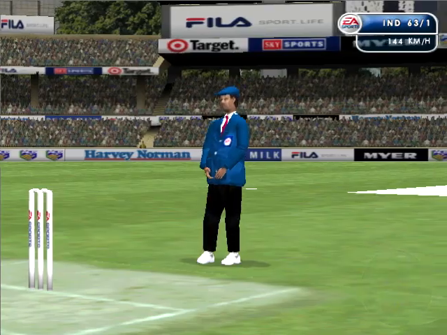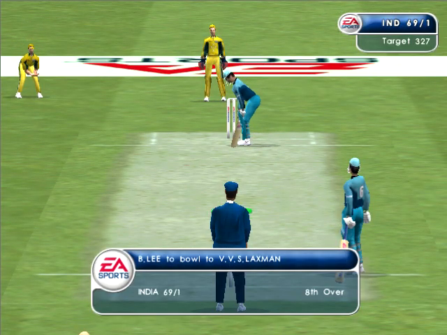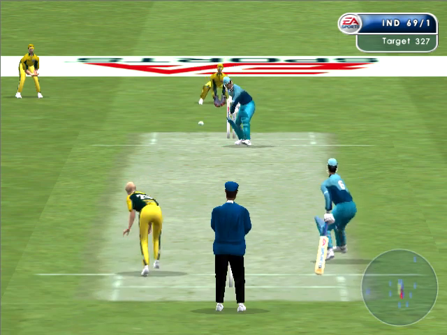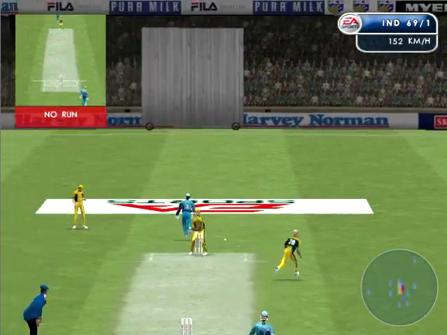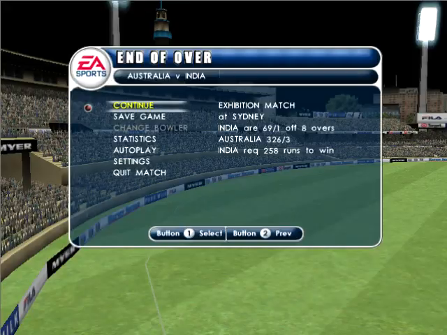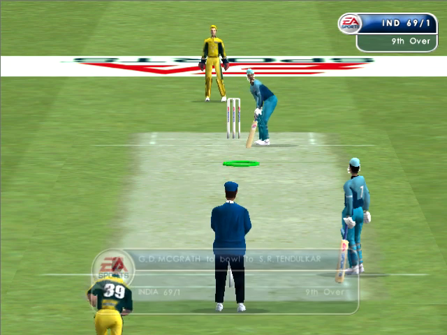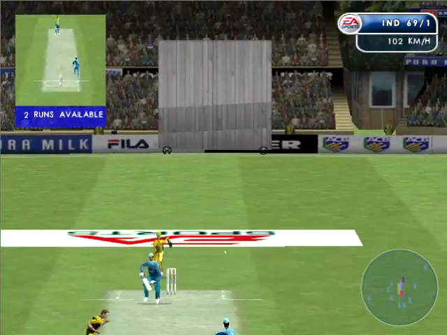That came right off the middle of the bat. Well, you can't set fields for shots like that. That's brilliant. Lee to bowl to Laxman. 42 overs are left in the innings. McGrath to begin a new over. Now the run rate stands at just over 6 and over.